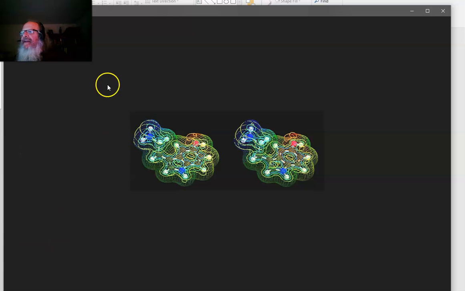So for instance, here is an electron scanning microscope picture of a dopamine molecule.